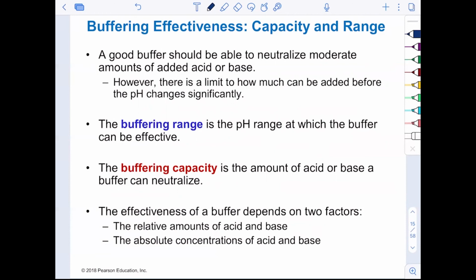We are going to have to look at the relative amount of acid and base in the actual buffer, so this is acid plus conjugate base, or base plus conjugate acid. And the absolute concentrations of those acids and bases overall. So not only do the concentrations need to be relatively similar to each other, but they also need to be an effective amount total.